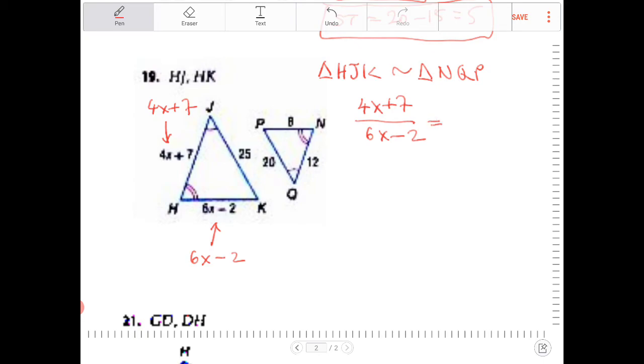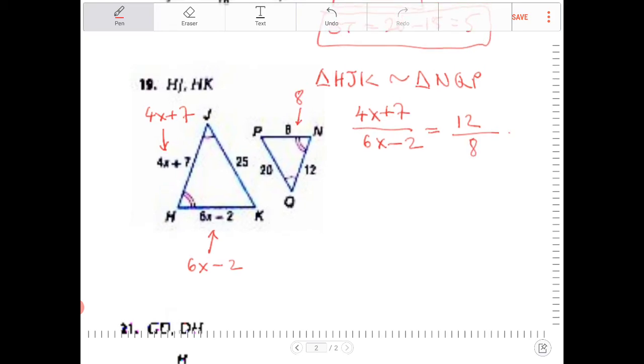And this is equivalent to NQ, which is 12. Right? HJ is to NQ. And HK is to NP. NP is 8. This guy here is 8. So I noticed that 12 and 8, they have a common factor of 4, so that reduces to 3 to 2.